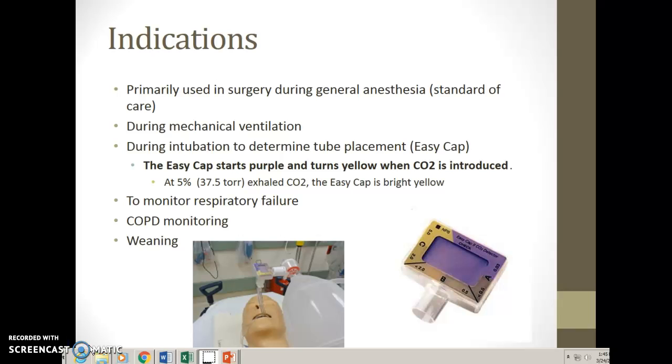Excuse me, I misspoke. You would take your percentage times 7.5 to turn it into a torr value. You can use end-tidal CO2 to monitor respiratory failure. You can use it for COPD monitoring, and you can use it when you're weaning somebody off of mechanical ventilation.